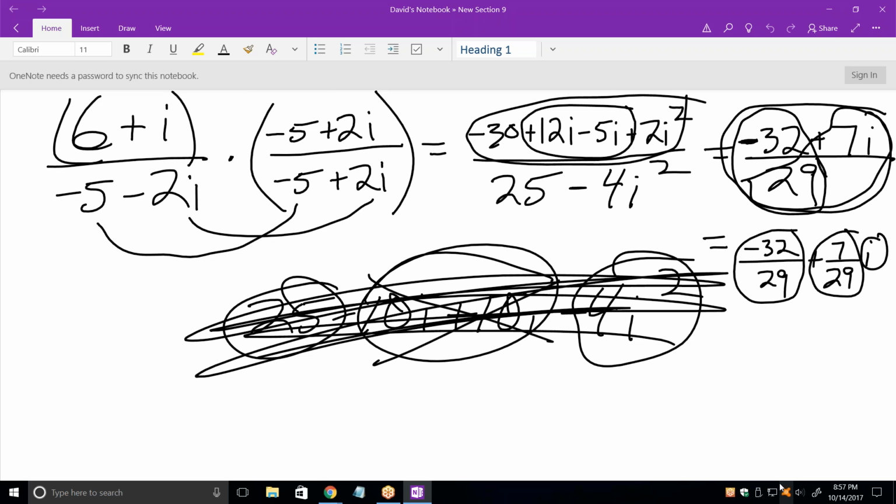Okay, let me write that out real quick. Let me just double check. So it's negative 32 over 29. Oops. Over 29 plus. Oops.